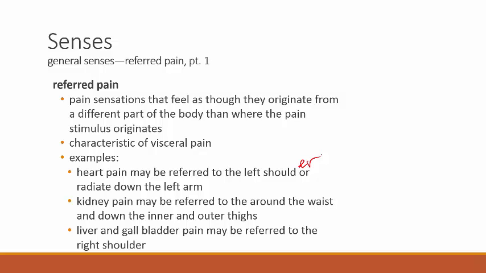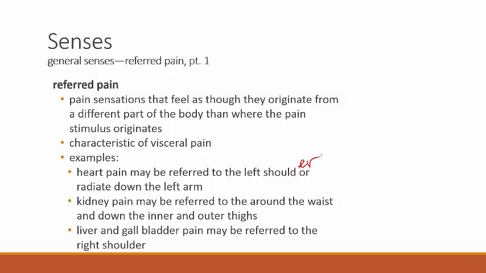Kidney pain may be referred to the area around the waist and down the inner and outer thighs. And liver and gallbladder pain can be referred to the right shoulder. So it's a really strange phenomenon. There's not a lot of sense to it.